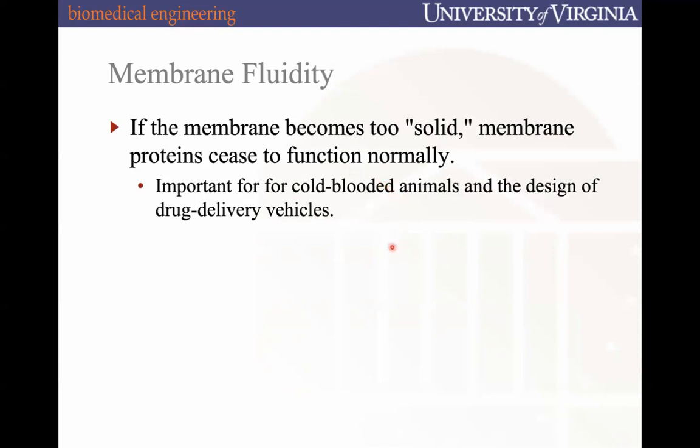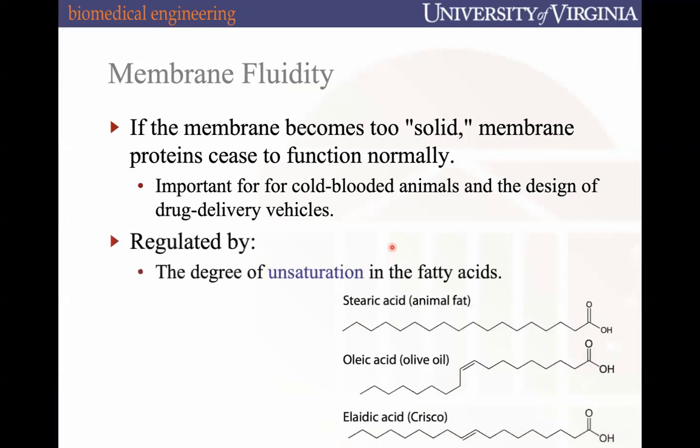And so this can be a real problem in cold-blooded animals, or if you're trying to design some kind of drug delivery that you're trying to get across the cell membrane, you want to make sure that things can diffuse, that it's not too solid, that membrane proteins can still interact with other things on the membrane like they need to. And so a main way that this can occur is the type of fatty acid chains that are composing your cell membrane.